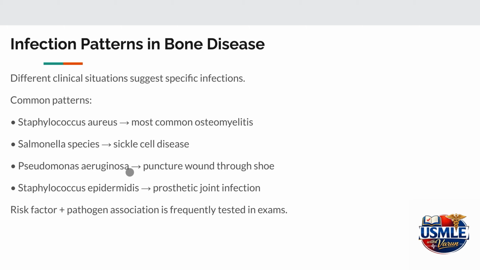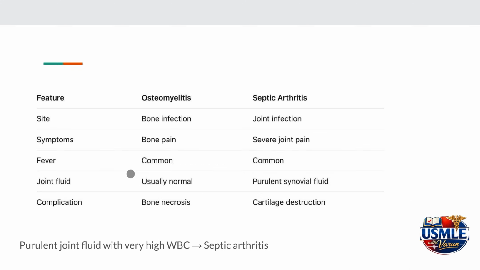And finally, infections involving prosthetic joints are commonly caused by Staphylococcus epidermidis. All these associations between risk factors and pathogens are frequently tested, so just memorizing these will definitely help us solve most of the questions.